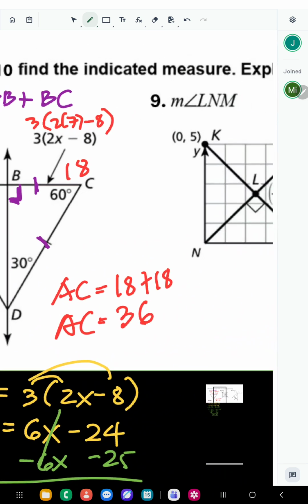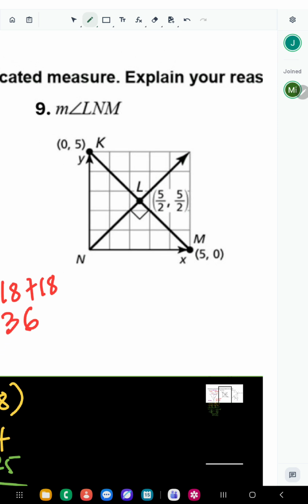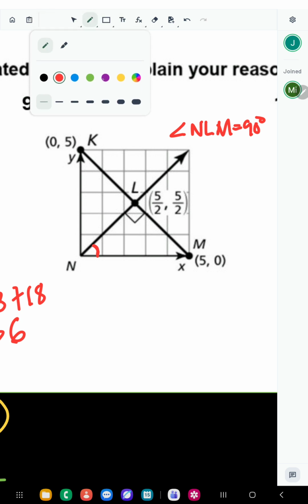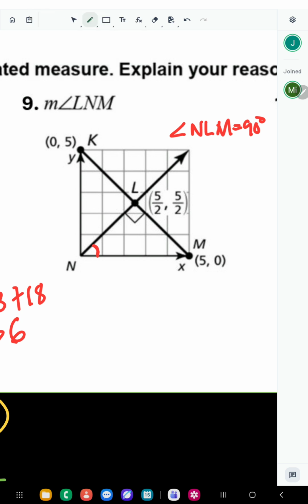Okay. Let's go to number 9. What is the measure of LM? So where is it? This one. This one is LM. And we're given that angle NLM is equal to 90 degrees. Alright, this is a perpendicular bisector, that is 90 degrees.